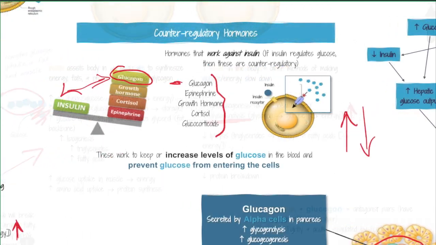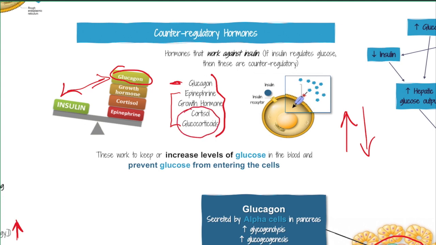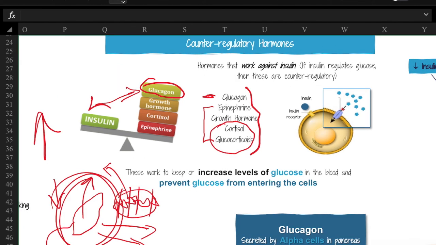These other 4 counter-regulatory hormones I'm sure are familiar to you: epinephrine, growth hormone, cortisol, and glucocorticoids. You can lump these last 2 together into the same category. So you know that epinephrine is a hormone that's secreted by the adrenal medulla. This is the same hormone that's released during that fight or flight response.